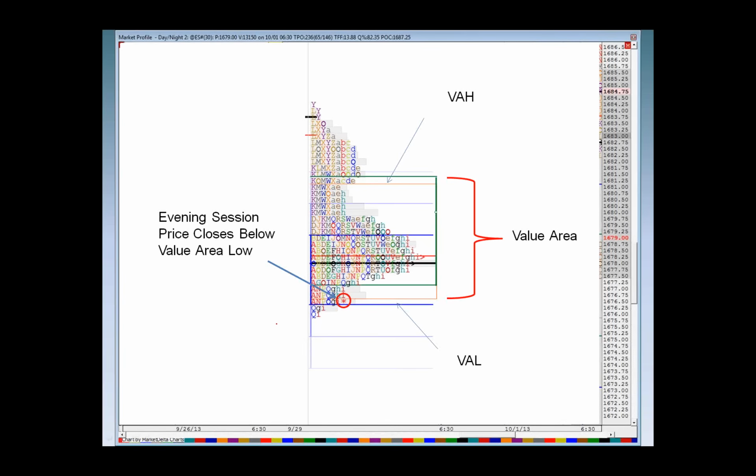For this specific evening session that we're looking at together, I'd like you to note where the close of the session is. In the evening session, the price closes below the value area low. And right here, here's my close. We've highlighted it, and it is below the value area. So if the rule I just stated applies, then what this is telling me is there is a potential trading opportunity at this point in time because price has deviated away from value.